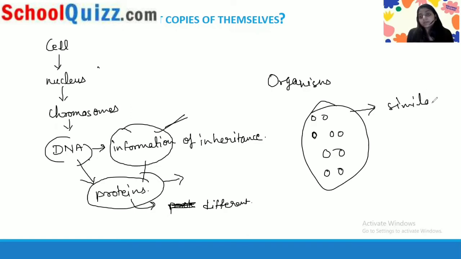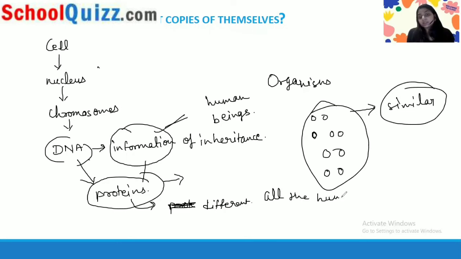So why? Because we have the DNA information of our inheritance. We are a population of the species of human beings, so our body designs are similar. But are all human beings exactly similar to one another?